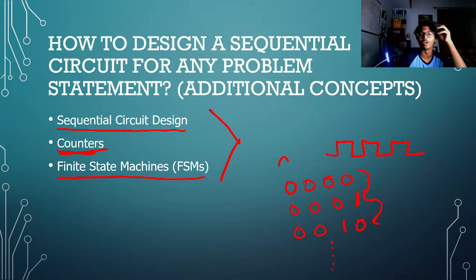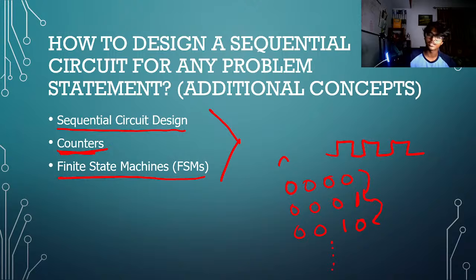I'm not going to explain what it is because it'll take way too long, but it's very interesting actually. I'll give you resources if you're interested. Essentially, a finite state machine defines a bunch of states that a circuit can be in.